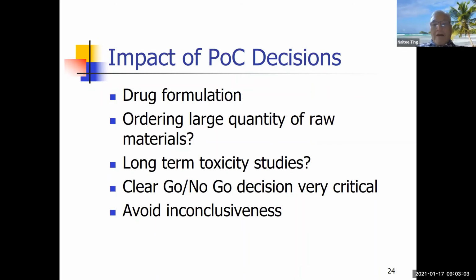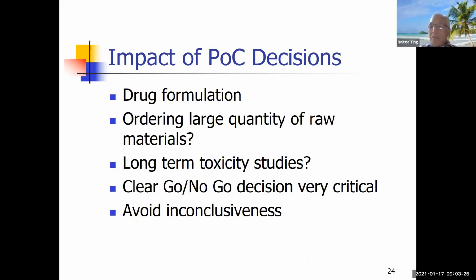If you want to have sufficient drug supply when you engage in phase 3, then you have to order the raw materials to produce these large amounts of phase 3 drugs way ahead of time.